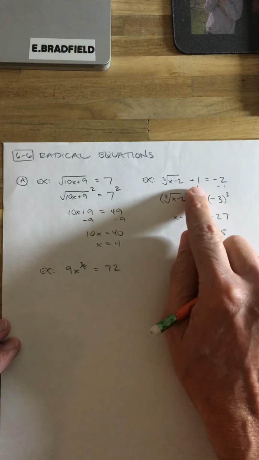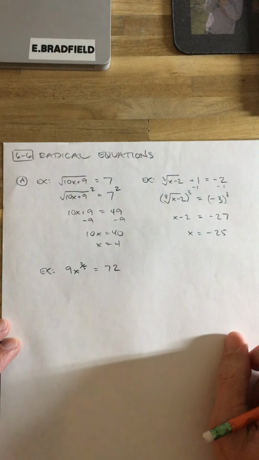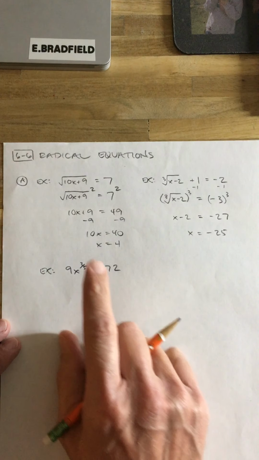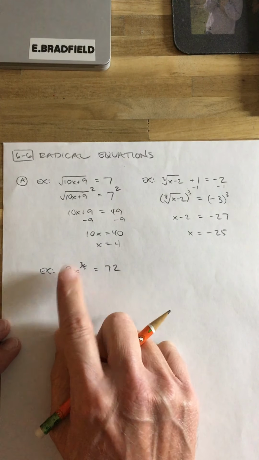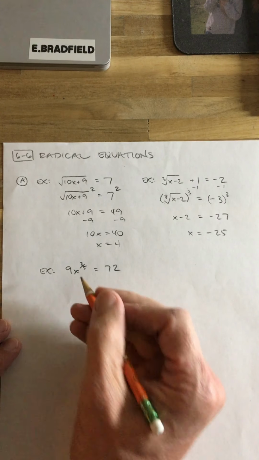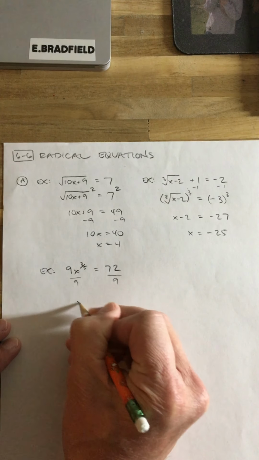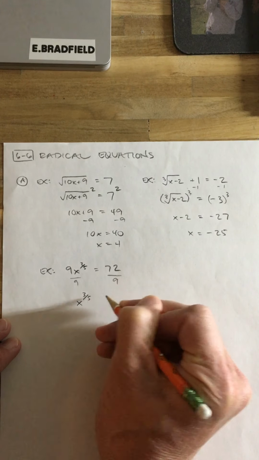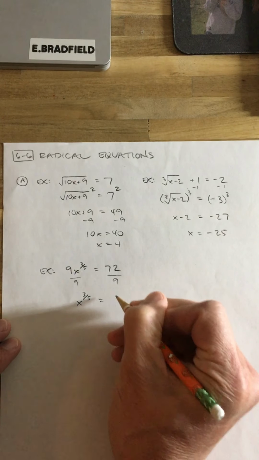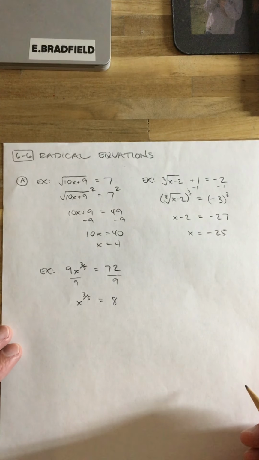In this one we didn't, so we moved the 1 over to get the radical on its own, so that we could cube both sides. This time the radical isn't on its own. It's got a 9 attached to this x to the 3/5, so let's get rid of that 9. We'll divide both sides by 9, and we're left with x to the 3/5 equals 72 divided by 9, which is 8.